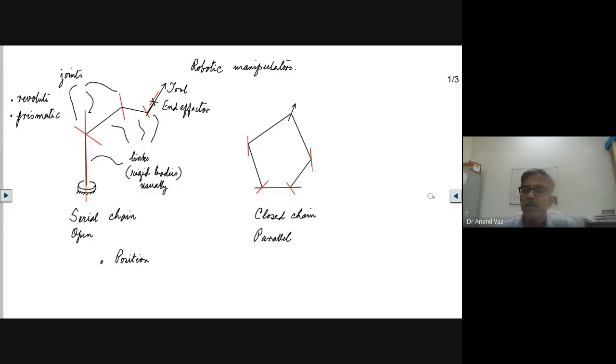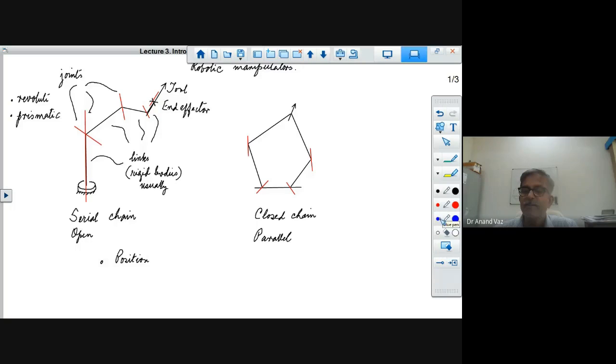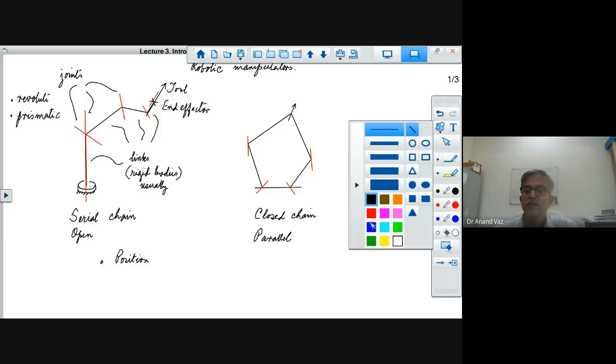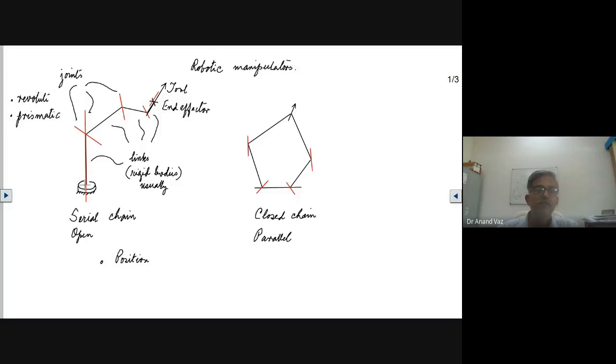Now, in our case, let us take a reference frame. Let us say we have a reference frame here. It could be located anywhere. So we have the axes of the reference frame.